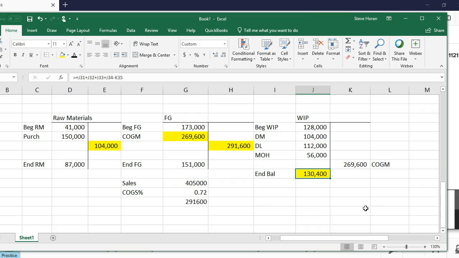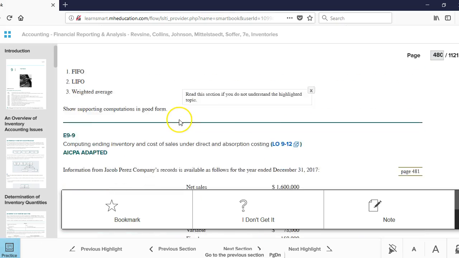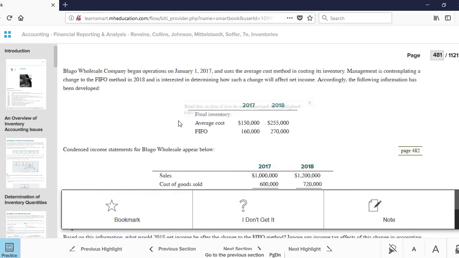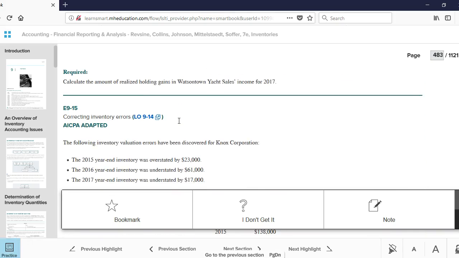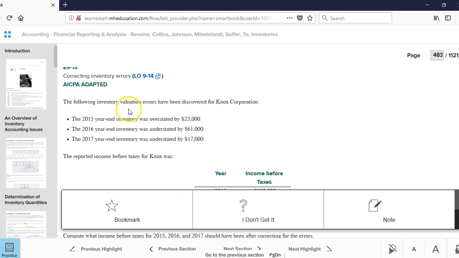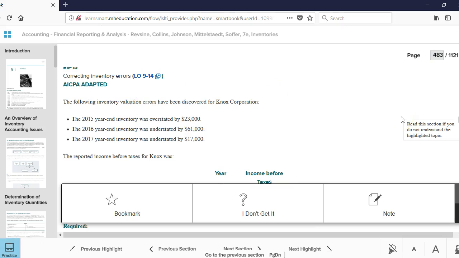Okay, and I should also mention one more question, question 15. Let me get back to the homework here. With 15, the big takeaway is I want everybody to remember how inventory errors work, that they self-correct after 2 years. That's the key here.